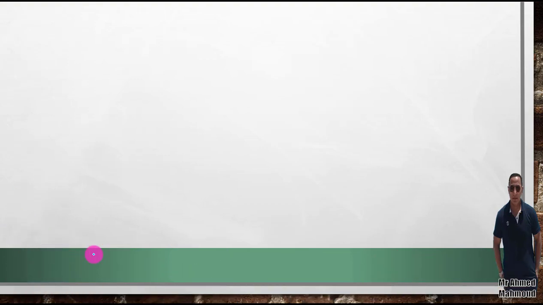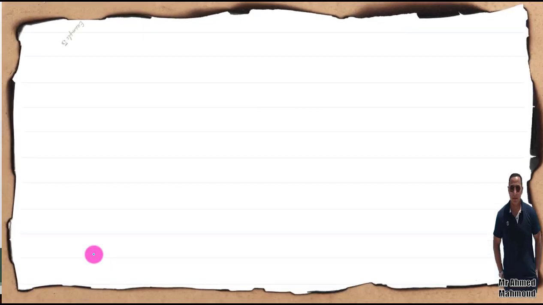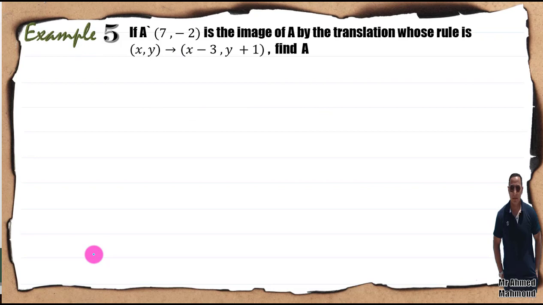Let's solve the next question. A dash equals 7 and negative 2 is the image of A by the translation whose rule is negative 3 and 1.